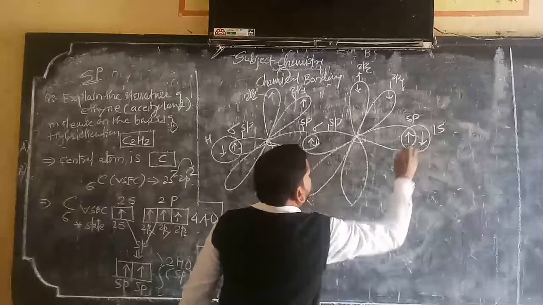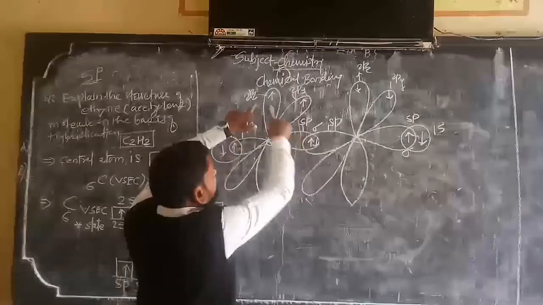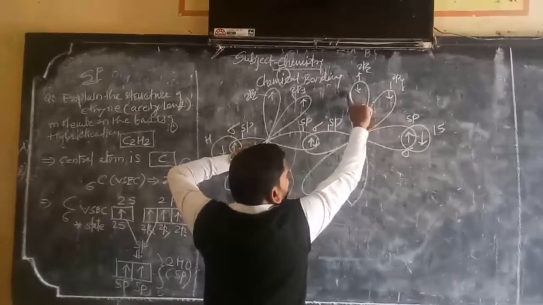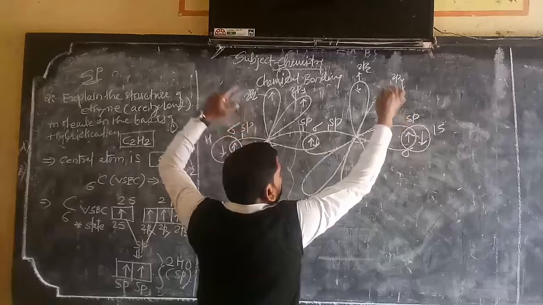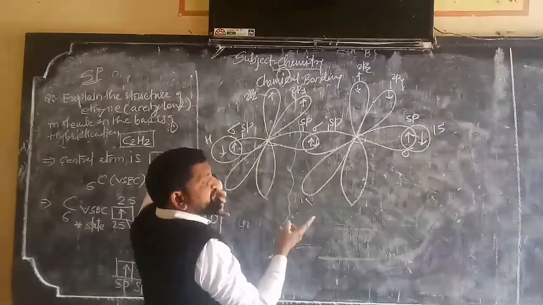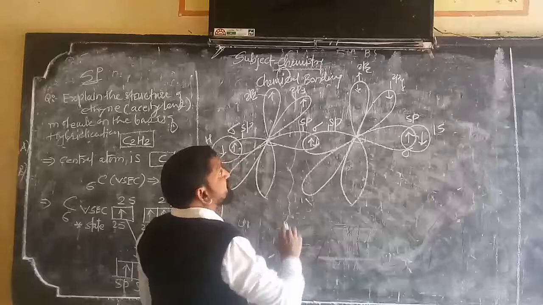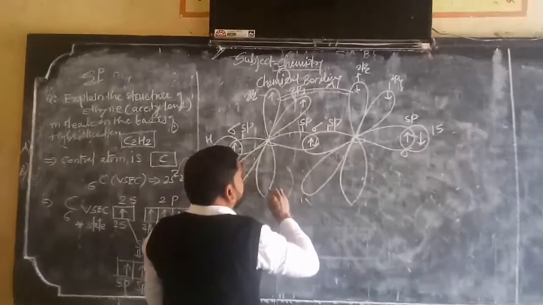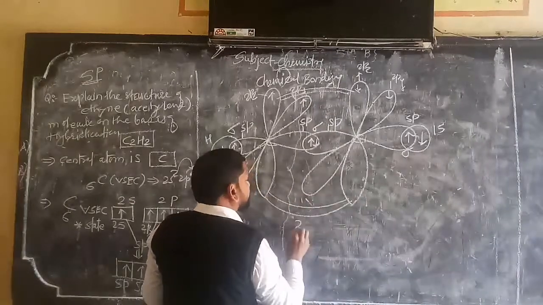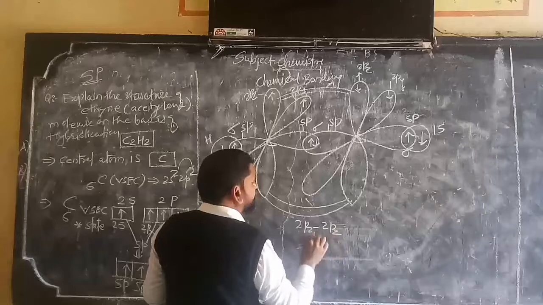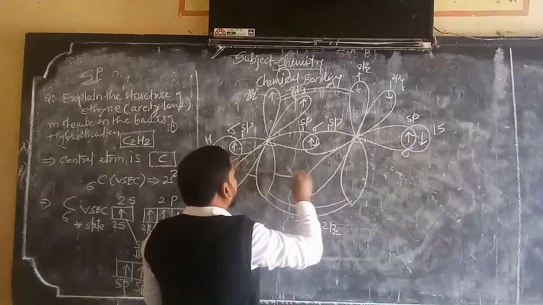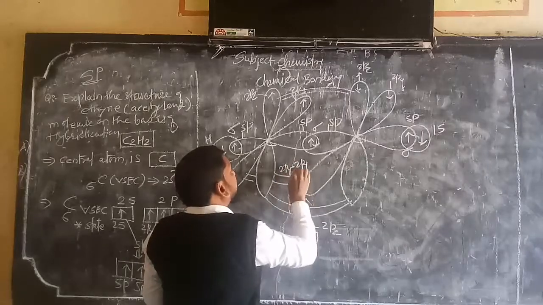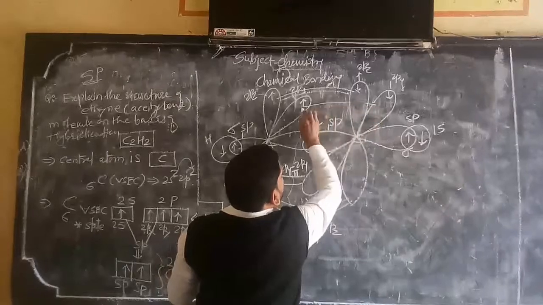Now see here, the 2pz, 2py unhybridized orbitals of the first carbon atom and the 2pz, 2py unhybridized orbitals of the second carbon atom overlap laterally, or sidewise, in this way, and there is a formation of a pi bond. So this is 2pz and 2pz, the first pi bond, and 2py and 2py, the second pi bond.